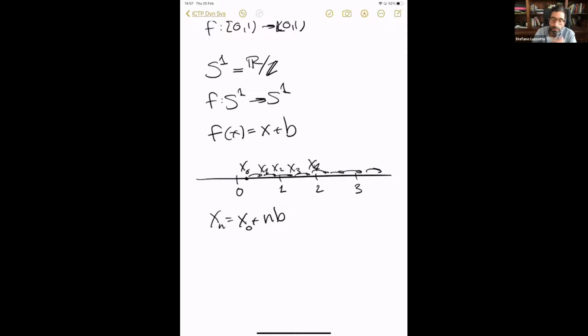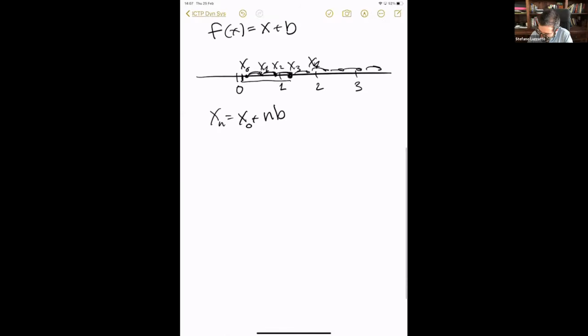And what happens now when we take mod 1? When we take mod 1, if you stay inside between 0 and 1, it does not make any difference, right? So x naught goes to x1, goes to x2. But then when you go to x3, this is bigger than 1, and so you need to shift it back to its decimal part, its non-integer part here.